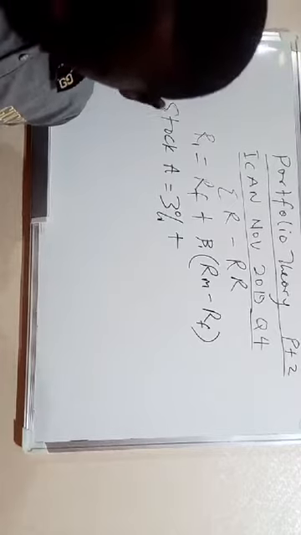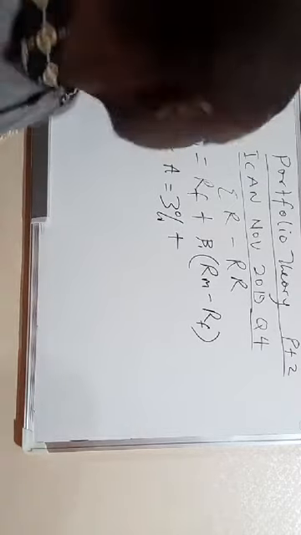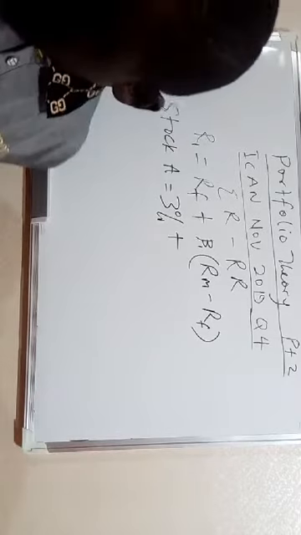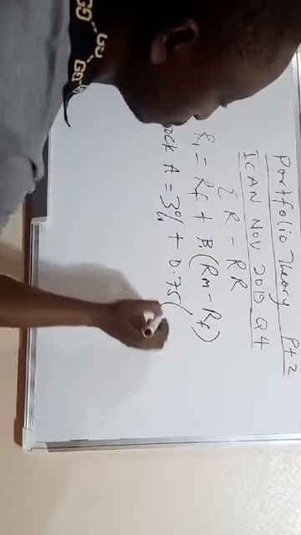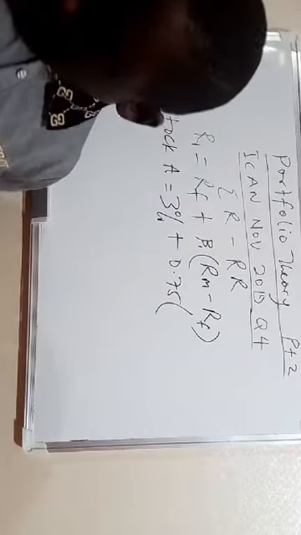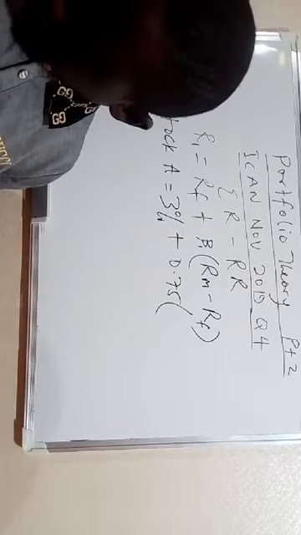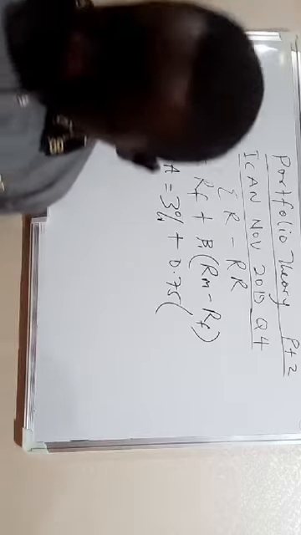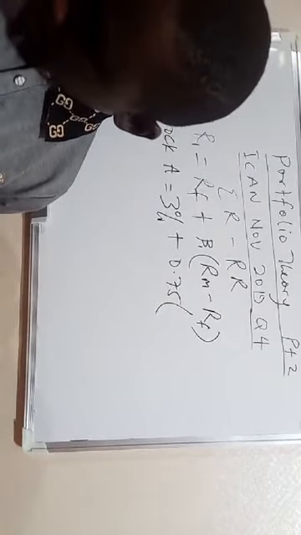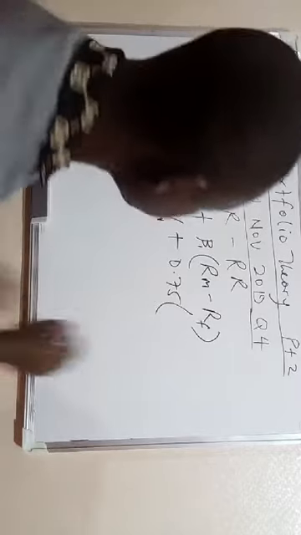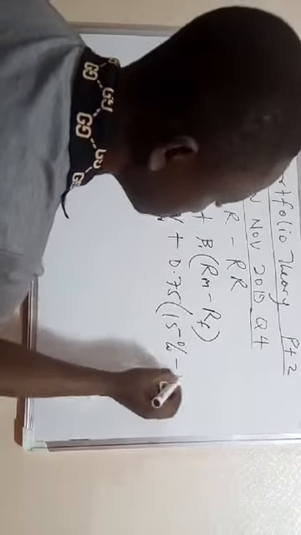plus the beta for stock A, which is 0.75, times the market return. The market return there is the market index, which is 15%, minus the risk-free rate.